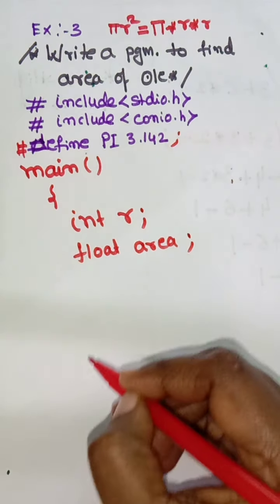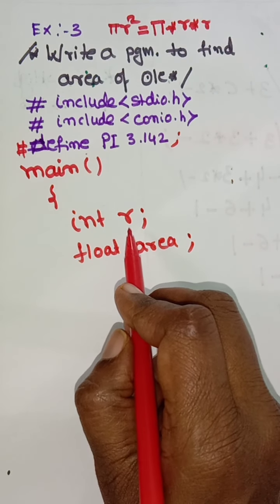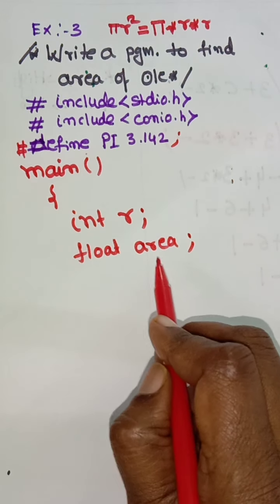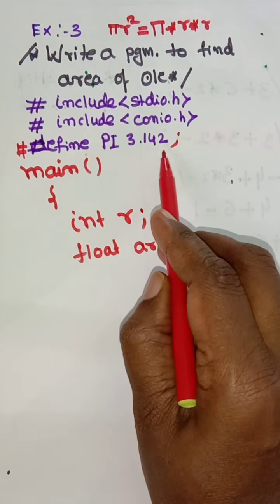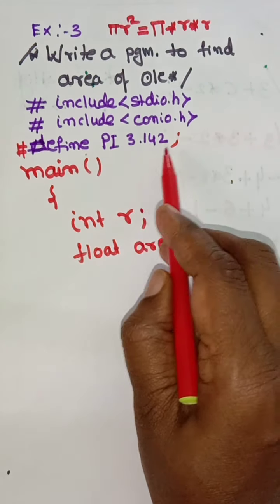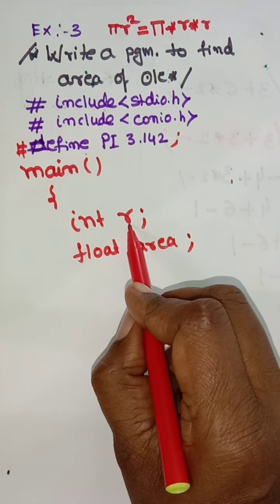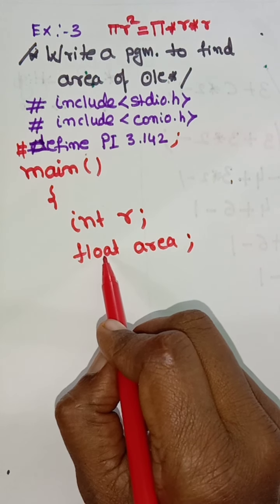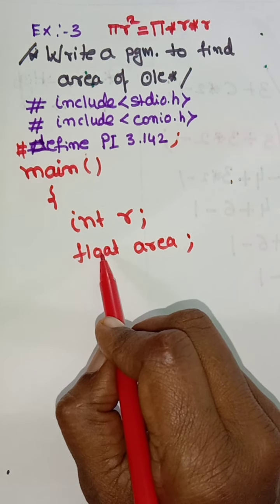Okay. So here what happens? Radius is in integer, float area is in float. Why? Because 3.142 is there. If you multiply this 3.142 into integer, you will get the float value. That is called actually the type conversions that you are going to study in the next week.